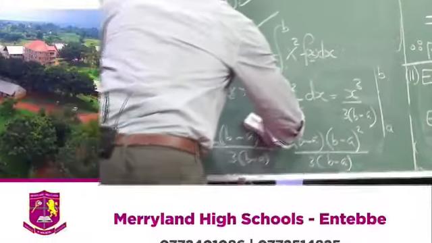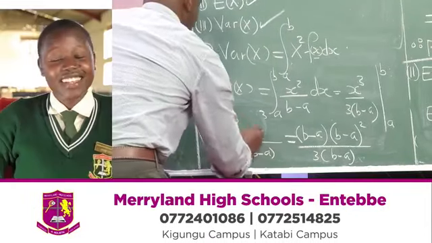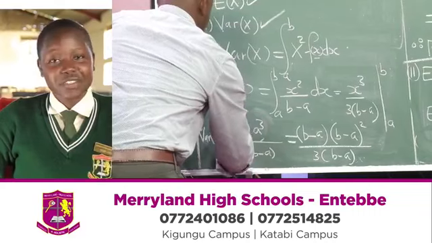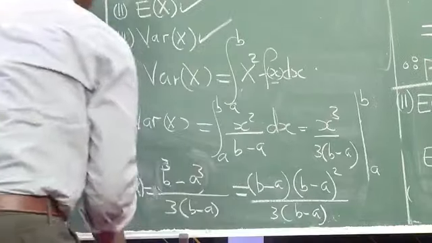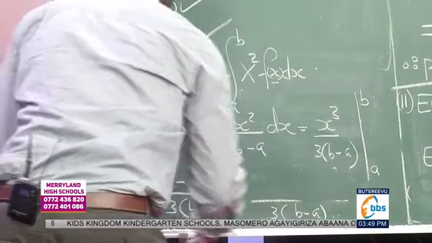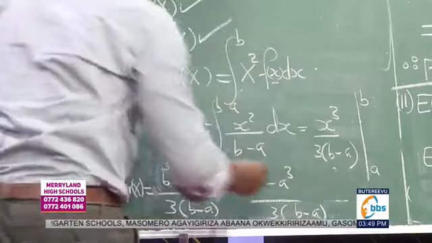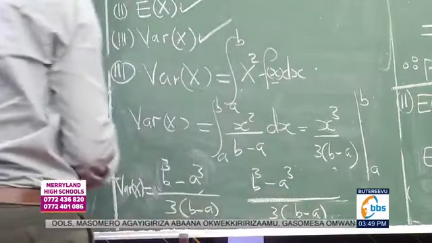Sorry, they are not, it is b cubed minus a cubed over that.